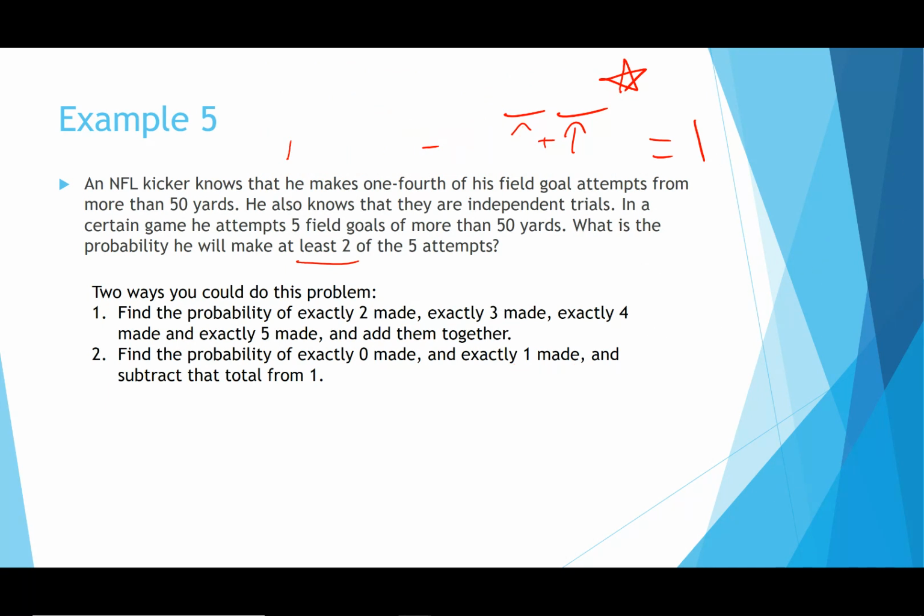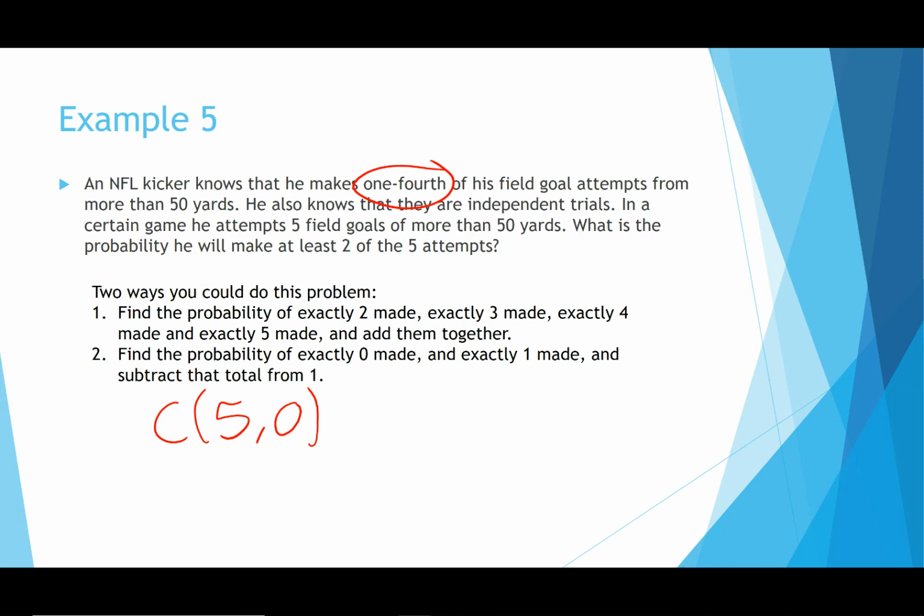So if he makes 0 out of the 5 attempts, that's the combination, 5 attempts, successful at 0 of them. Now the probability of success is 1/4, so the p-value would be 1/4. And again, he's making 0 of them. The probability he fails would be 3/4, and he would do that all 5 times.